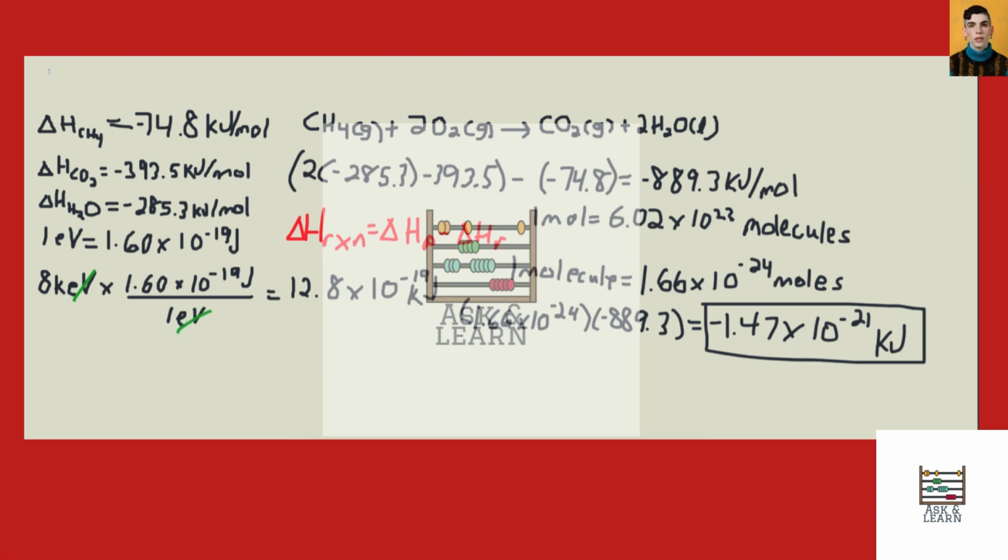The eVs cancel out. The k stays the same, and that turns our joules into kilojoules.